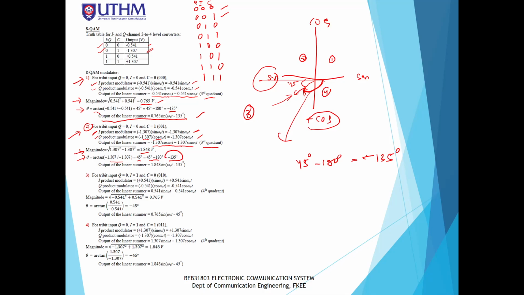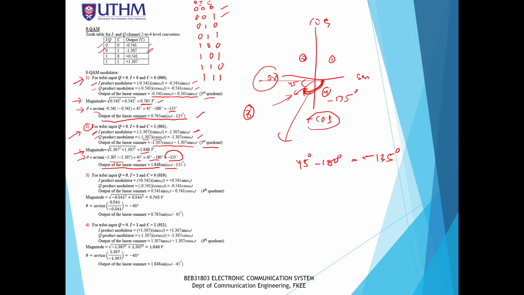If we go from the x-axis clockwise, it is minus 135 degrees. So therefore, for the 001 input, we are going to produce the output 1.848 sine omega ct minus 135.